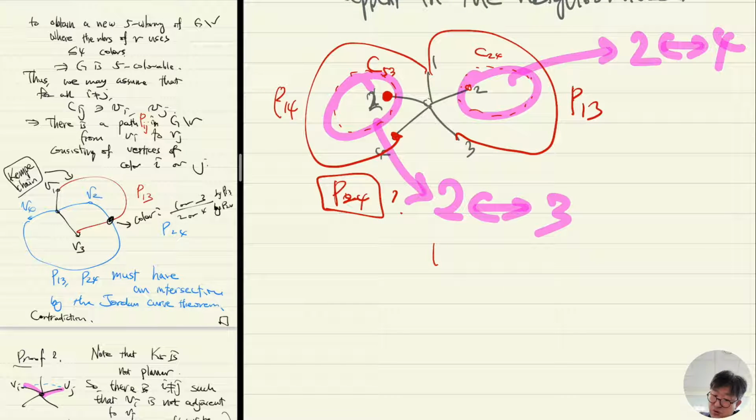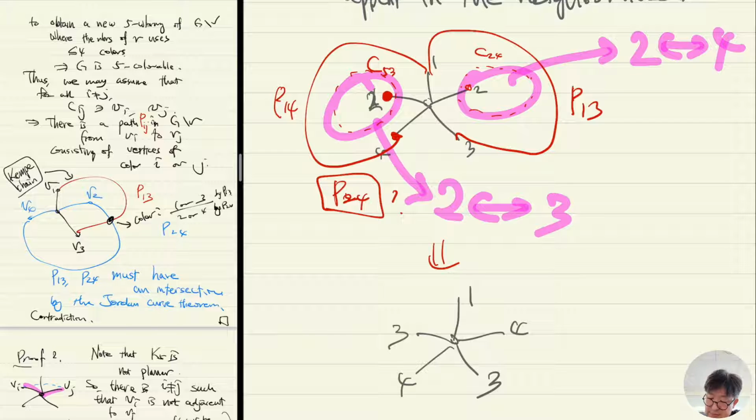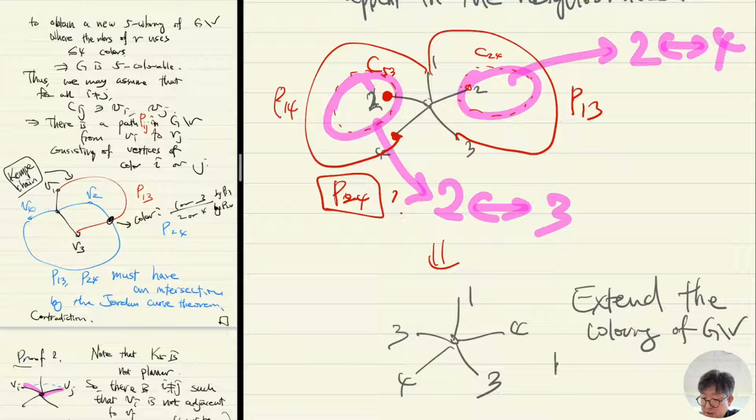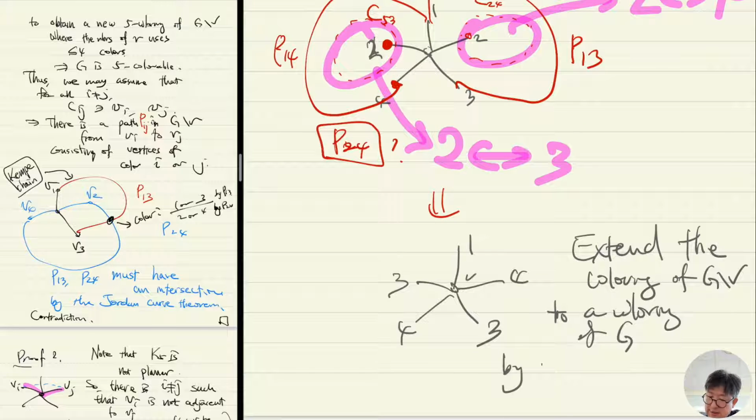Yeah, so then we get a new coloring where in the neighborhood it looks like this. So we extend the coloring of G delete V to a coloring of G by coloring V with color 2.